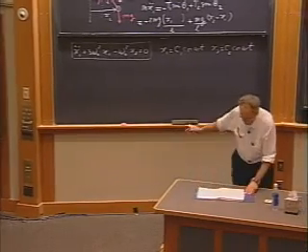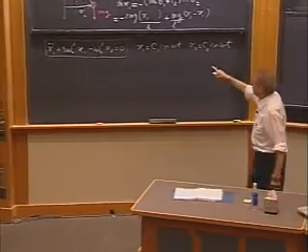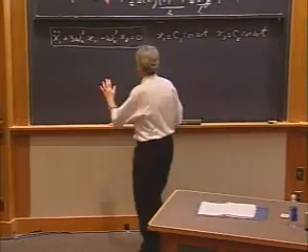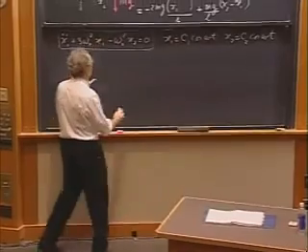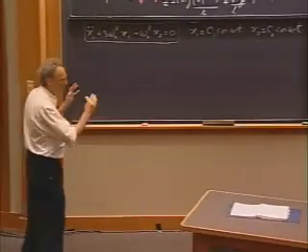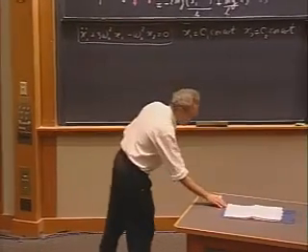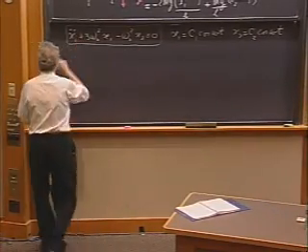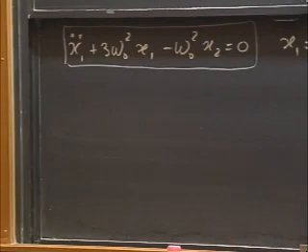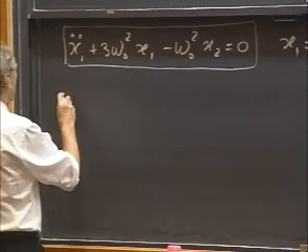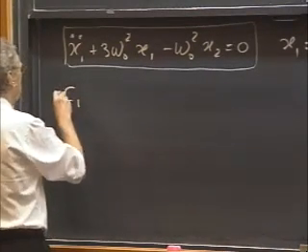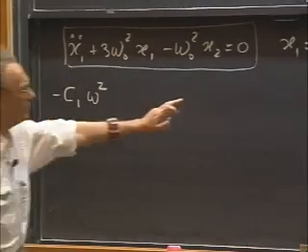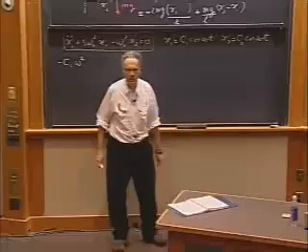So now we're going to substitute this solution in these two differential equations. And I'm going to write it down in a form that I put the C1s to the left and the C2s to the right. And so I'm first going to this one, that is my object number 1. I take the second derivative, so I get C1 times minus omega squared, because the second derivative gives me a minus omega squared.